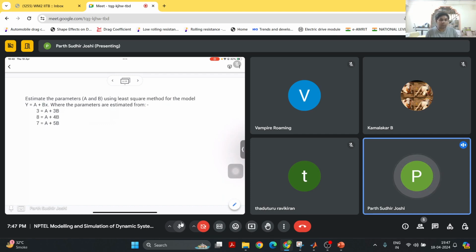Now here we have a question where we have to estimate the parameters a and b using the least square method for the model y is equal to a plus bx. So we have three equations.